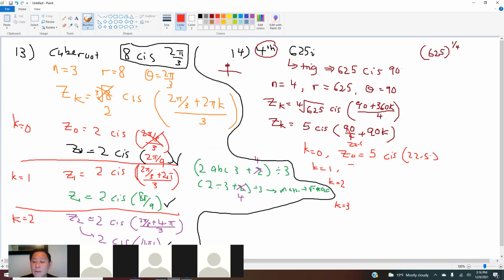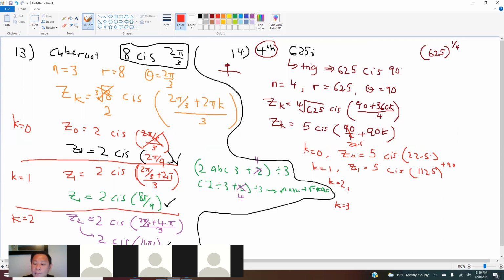When k is 1, your z1 in this case will be 5 CIS, and then you take 22.5 plus 90, because k in this case is 1. So when you take 22.5 plus 90, you get 112.5 degrees.